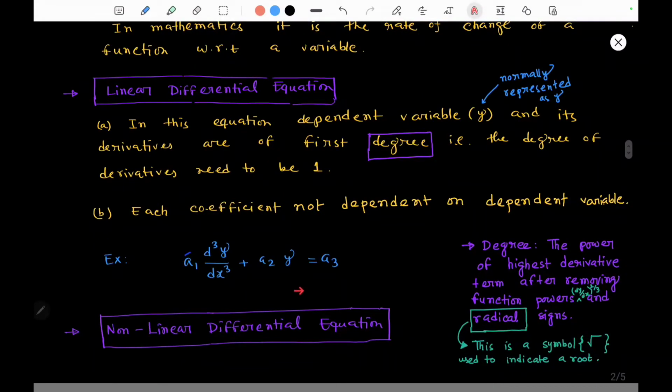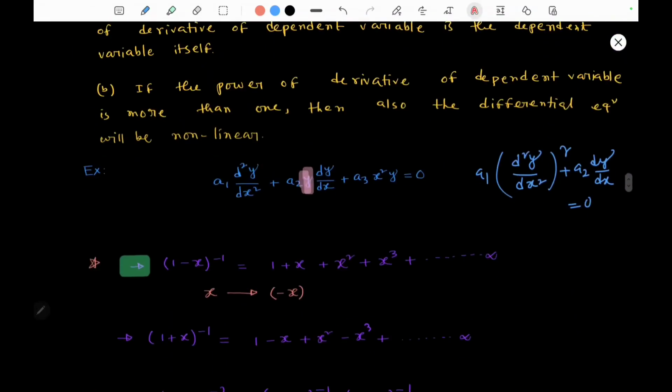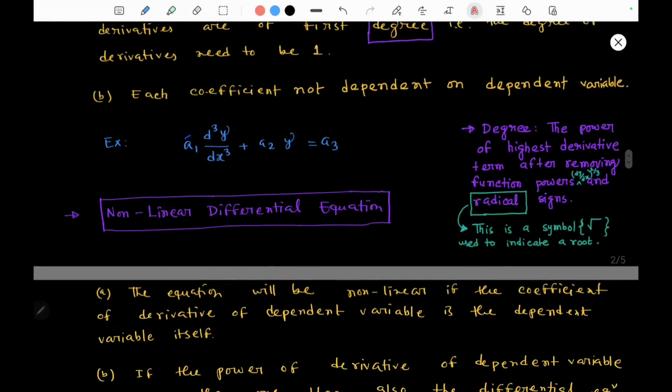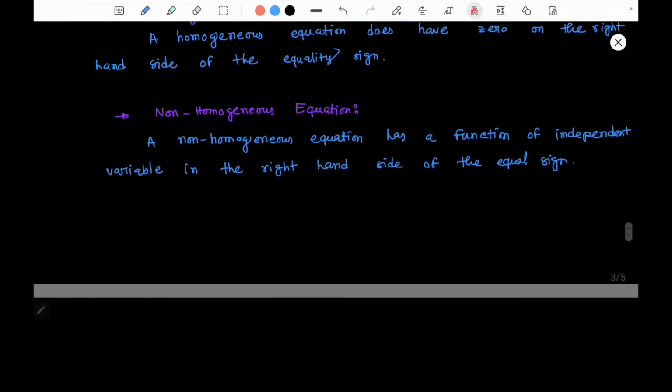This is one type of non-homogeneous equation, because on the right hand side there is a constant term. Also, if it is a function of the non-dependent, independent variable, then also it can be considered as a non-homogeneous equation.